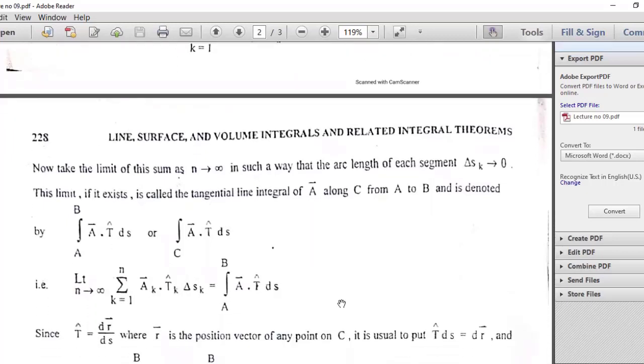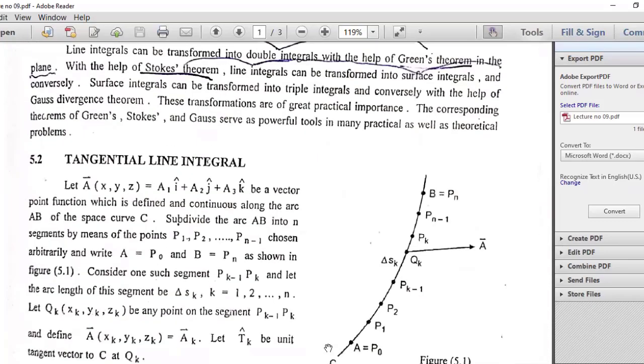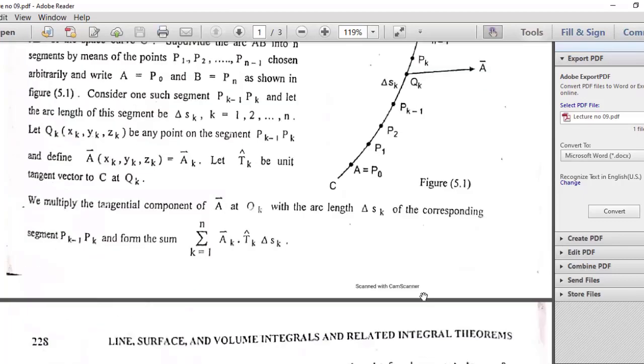Small r mostly shows the position vector, the displacement from the origin to a point, but here r shows the position vector of any point on C. Any point P0 we consider, P1, P2, Pk minus 1, and so on.